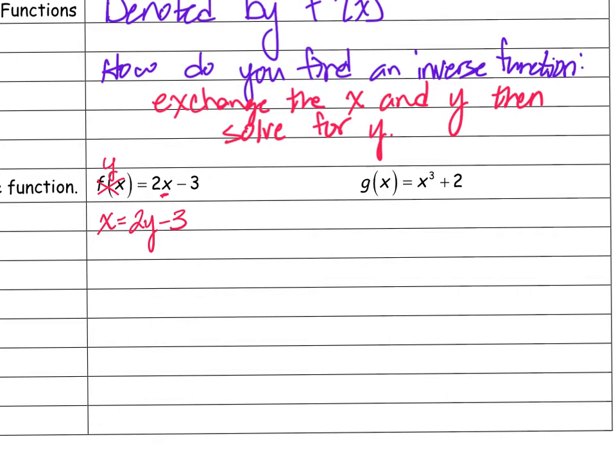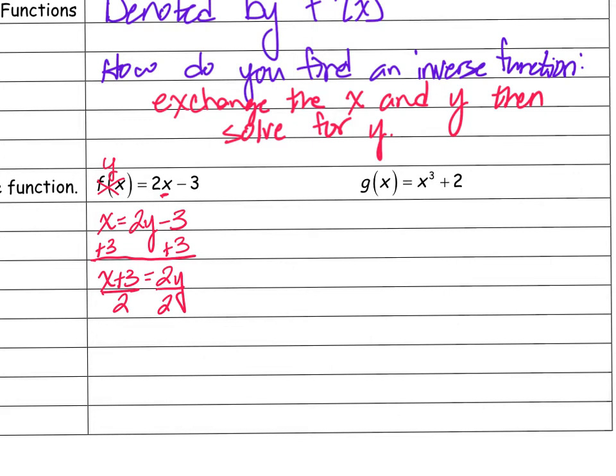So I have to get y by itself. So I'm going to add 3. Then I get x plus 3 equals 2y. And then to get y by itself still, I have to divide by 2. So then y is by itself, but I don't want to put y because I'm not looking for y, I'm looking for the inverse.